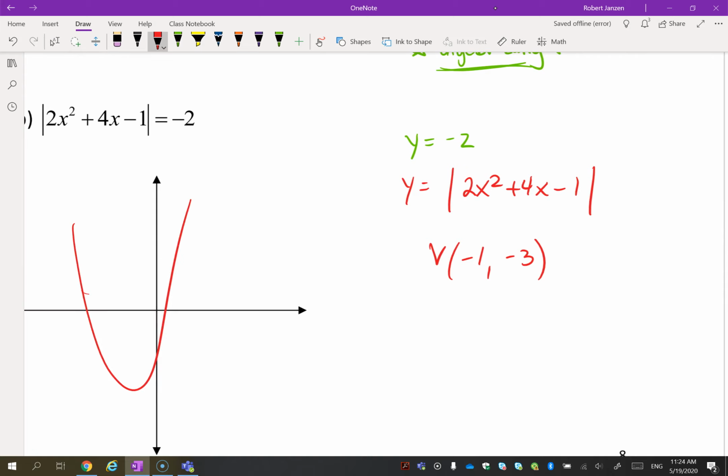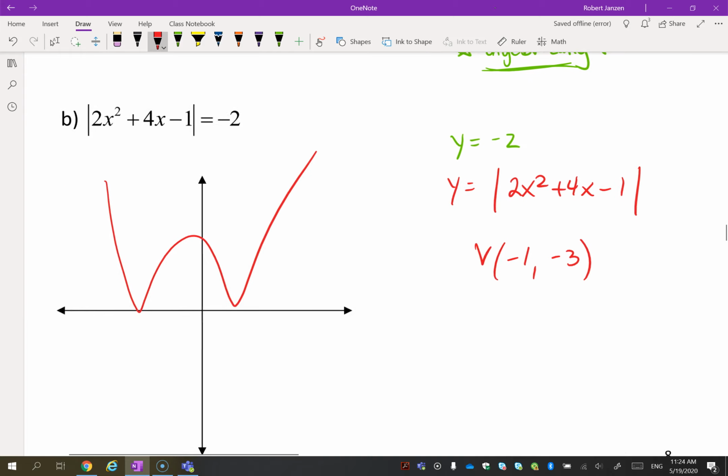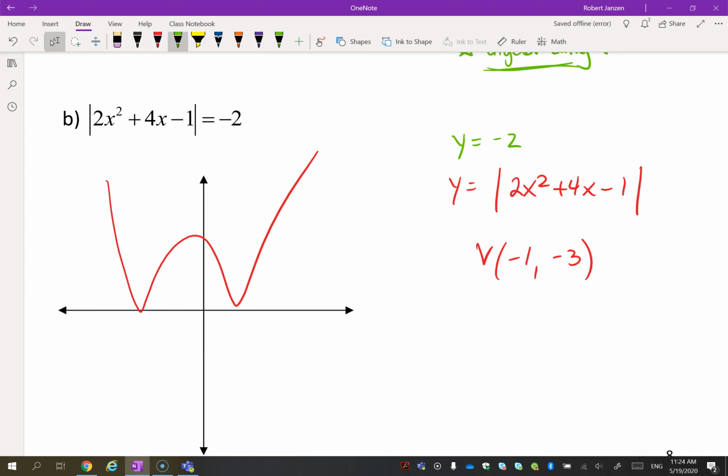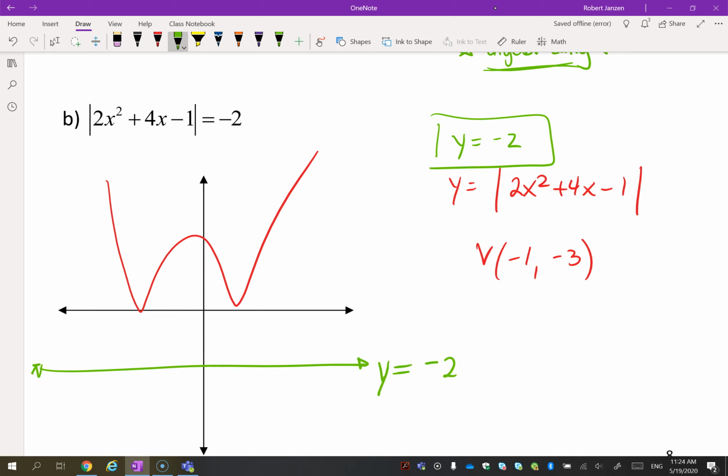If I take a parabola like this, and I take the absolute value, it's going to end up being something like this. I have no idea where it is, but let's just leave it like that for a second, because I want you to look at this graph. Y equals -2. Is there any way that an absolute value graph, which will all be positive, all up here, is going to cross with a graph that says y equals -2?